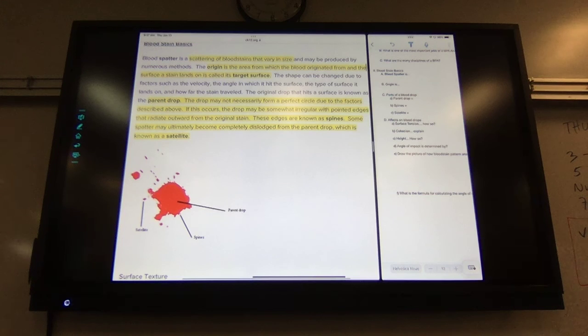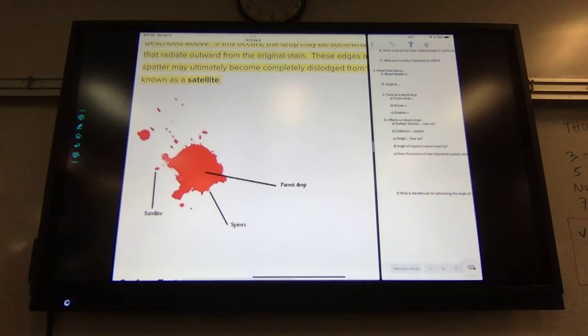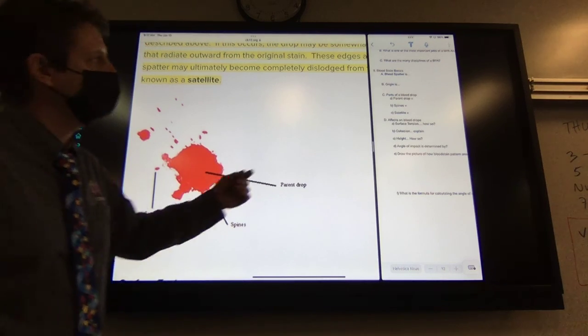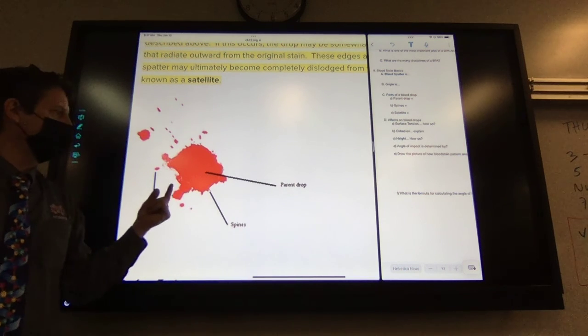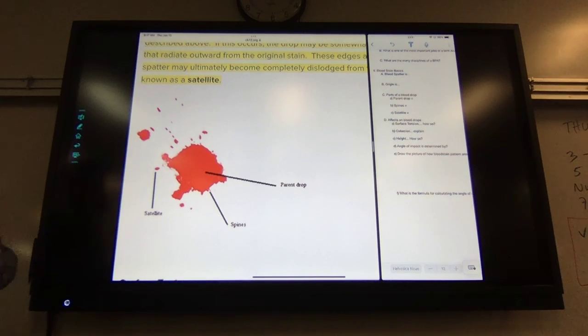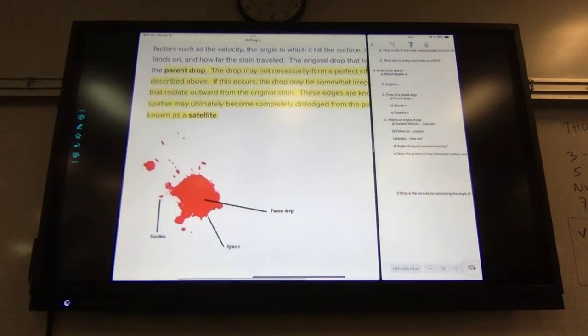And now we have a blood stain on our screen, and we're on letter C, where it talks about the parts of a blood stain. They're labeled in that picture, and it would be a good idea for you to quickly sketch that over on the side, and then you could point to the areas. The parent drop is the main blood stain.